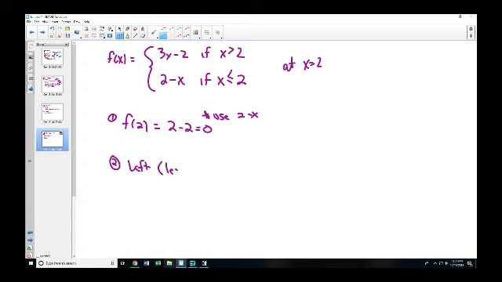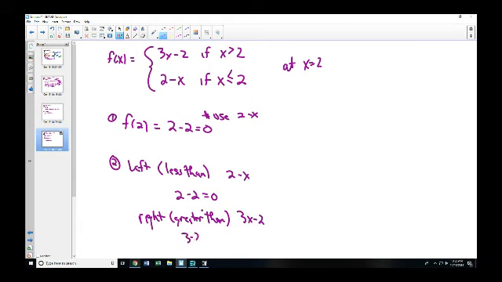The bottom one, that is 2 minus x, right? And we're going to plug 2 into that. That's 0, correct? Okay. And then the right-hand function is the greater one, that is the 3x minus 2. So 3 times 2 minus 2 is 4. Correct?